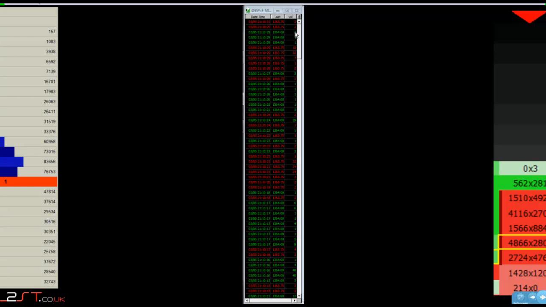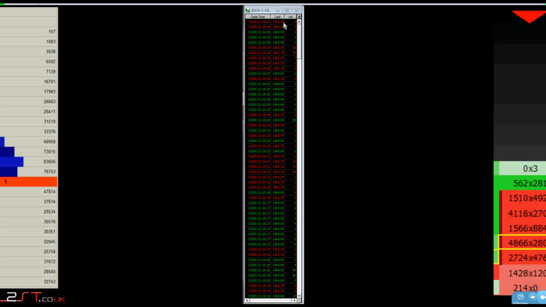So I will watch what's there, but I'm not too interested in the quantities on the bids and the offers. I'm more interested in the quantities that actually trade. The actual traded volume is viewable on the time of sales, and this is what is often referred to as tape reading. Reading the tape is reading the time of sales. It's reading the orders as they trade at each price.